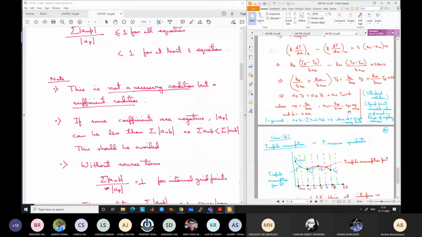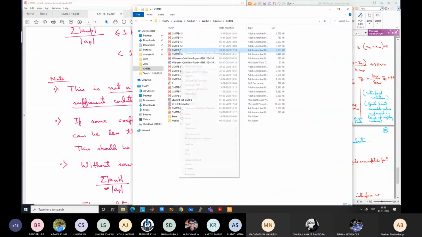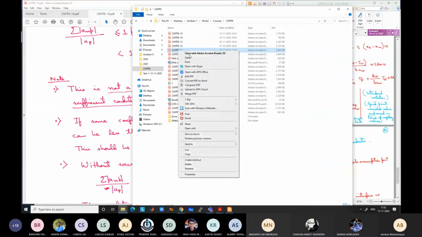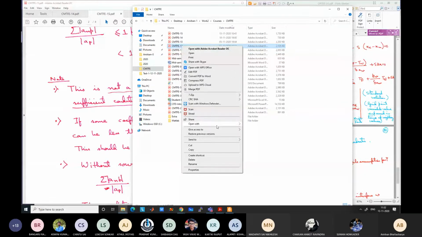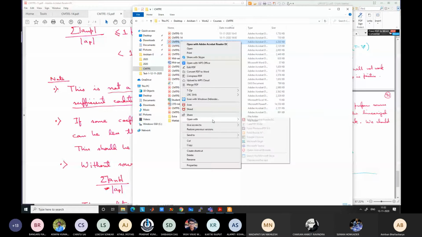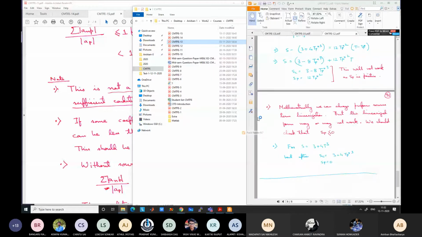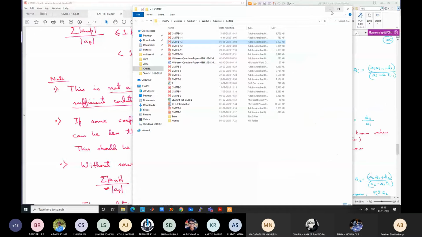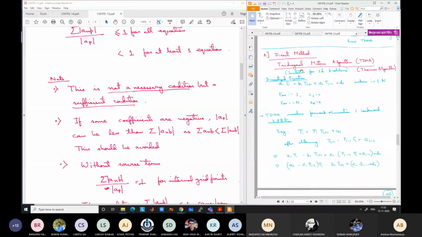Unless you have an SP term. SP, if you remember, is the part of the source term which is linearly dependent. So if that is there, our form of the equation changes to some other form like this. We must have studied this with the source term, right?